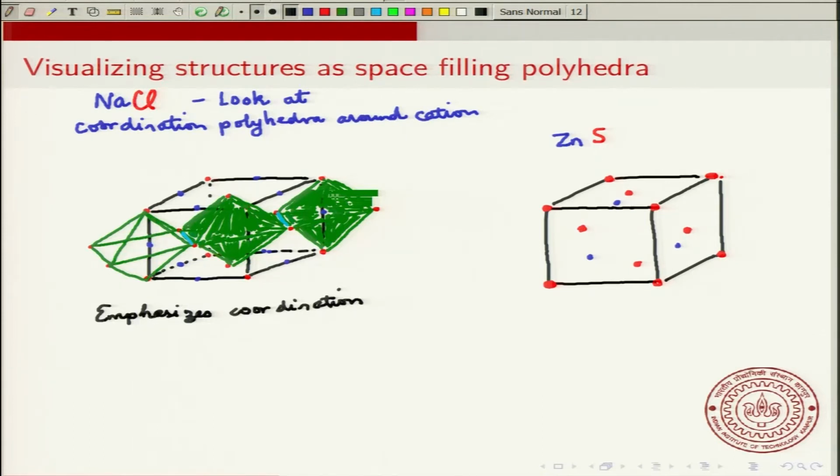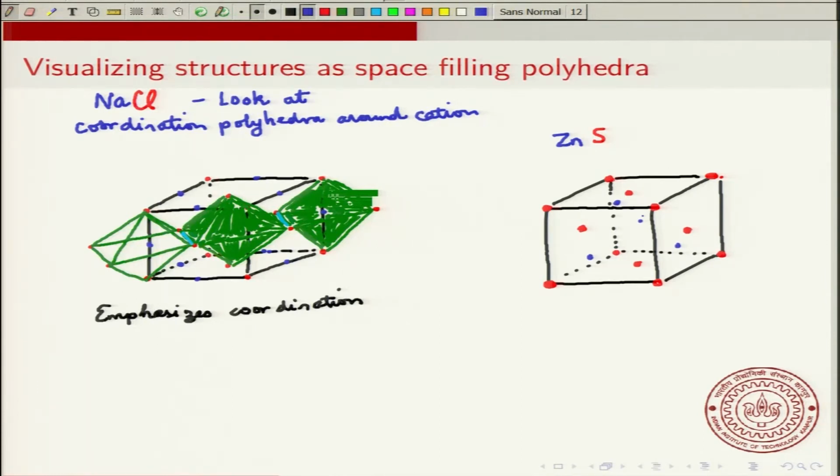This is actually along this body diagonal, and a fourth one will be located close to this, along this body diagonal. So, that will be located 1/4 way along this.